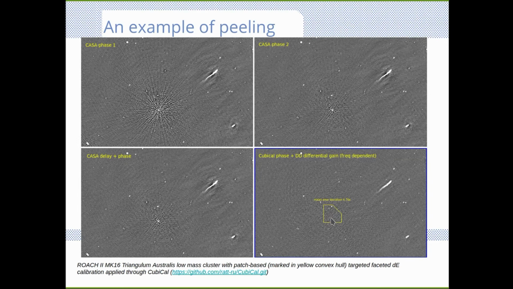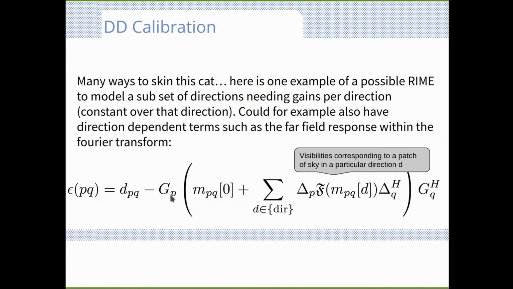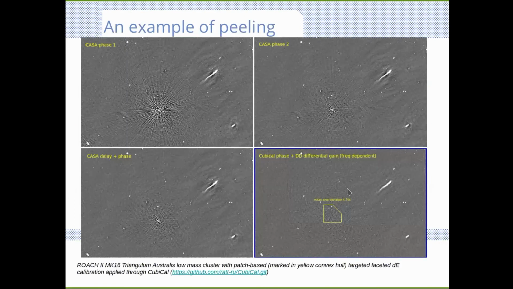We take that region file coupled with the source model we get from DDFacet, and we plug it into CubiCal, and it will go and solve for that exact RIME that I just showed you. It will solve for phases applied to the entire sky and for amplitudes and phases that apply only to this little patch and the sources that are contained within this patch. And you can see that there's a substantial improvement from doing this whole process.